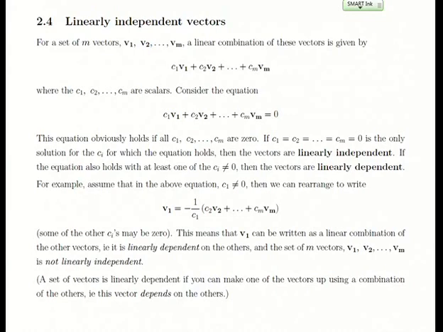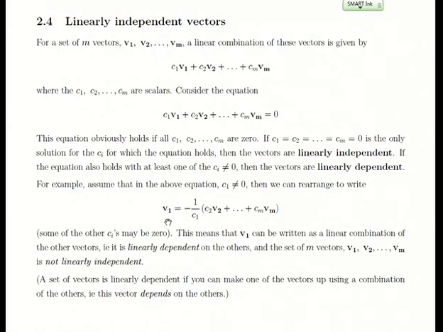Here I'm going to pick C1, but you could pick any of them. If C1 was not 0, I could rearrange this equation, put all the other vectors on the other side, and then divide by C1 because it's just a number, a constant, a scalar. Then I'll get something like this.